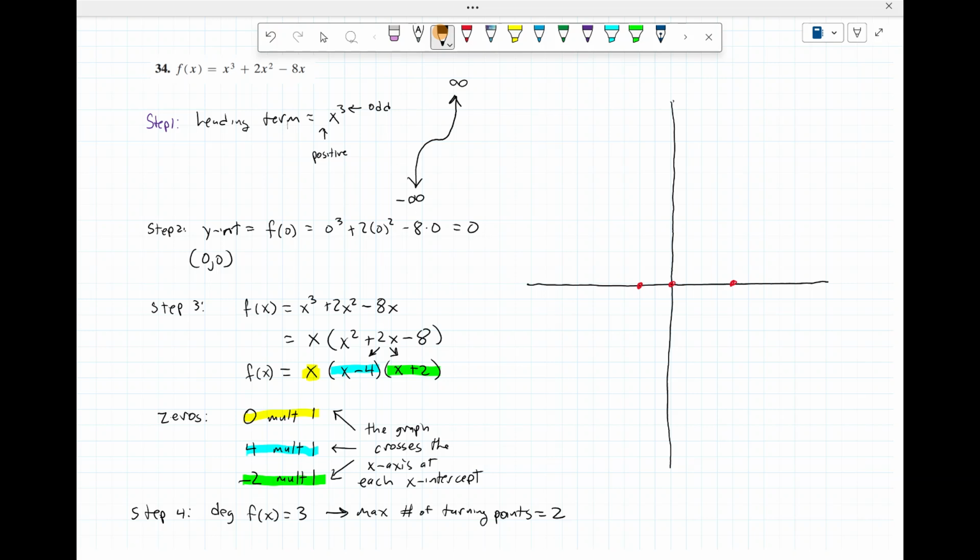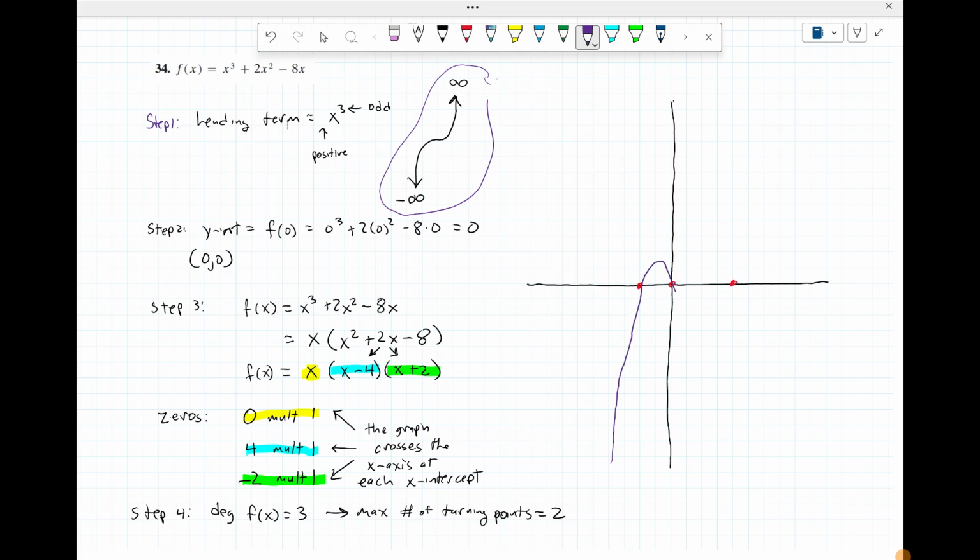So I've already graphed the y-intercept as well. It's at the origin. So now I can sketch my graph, and at this point, I look at my end behavior so I know where to start. I'm going to go left to right, and I'm going to start at the bottom. And I'm just going to go through all of my x-intercepts from left to right, and I cross every time I hit one of them.